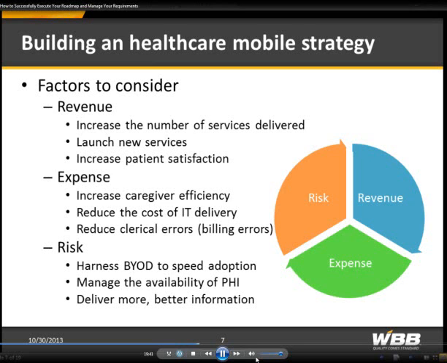And expense, increasing caregiver efficiency, making it as close as possible to providing transparency, real-time, secured access to patient health information, health informatics, from hospitals, from physicians, being able to pass it back to the clinicians as patient health diagnostics and prescriptions are captured, and being able to share that information back out to the pharmacies.